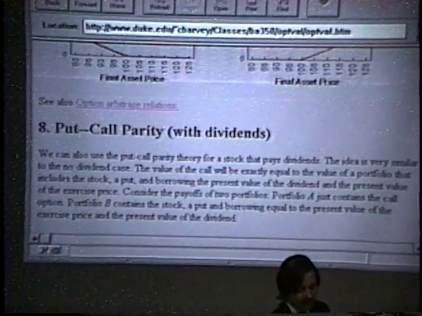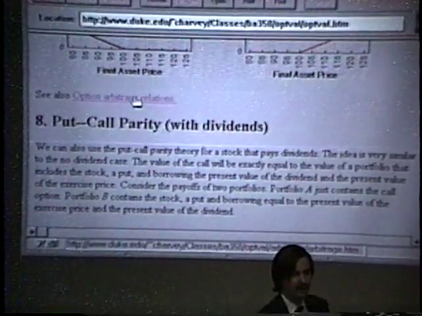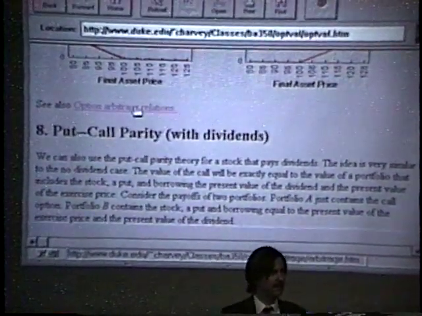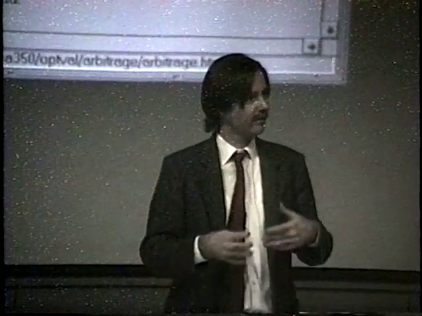There's a link here which I recommend that you take a look at. It's a series of graphs. There's the strike price of 50, and there's eight things you can add to the graph. There's the call that you buy, or a written call. A put that you can buy, or a written put. Stock, or selling the stock.